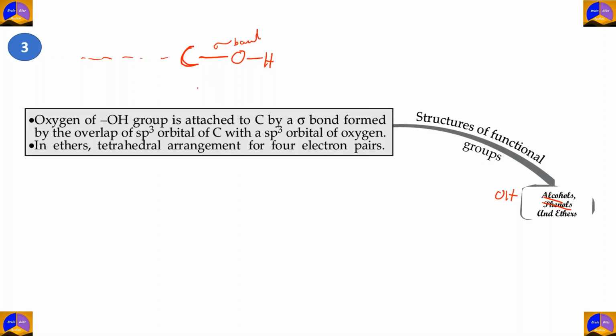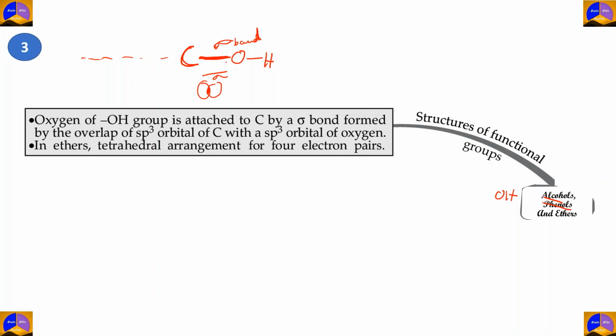What happens is the s part of the sp3 orbital, which is a kind of hybrid orbital that you've learned in class 11, of the oxygen and carbon overlaps. That results in a sigma bond. The reason there's a sigma bond is that it needs to be very strong, and alcohols generally have very strong bonds, especially where the C and the O meet. So that bond is a sigma bond, which is comparatively strong.